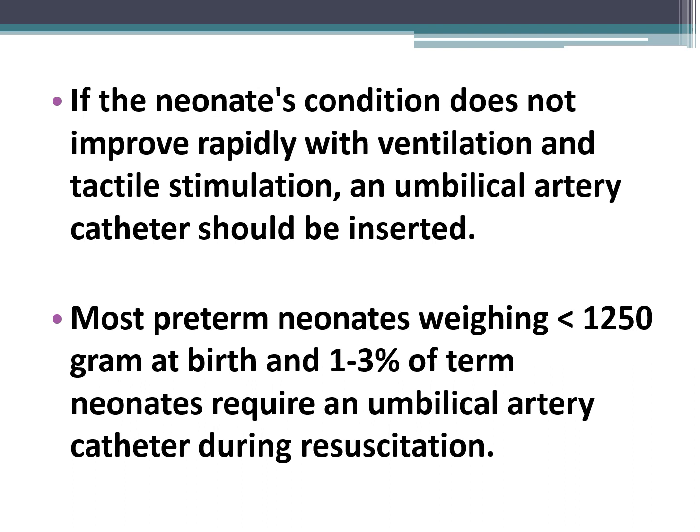If the neonate's condition does not improve rapidly with ventilation and tactile stimulation, an umbilical catheter should be inserted. Most preterm neonates weighing less than 1,250 grams at birth, and 1 to 3% of the term neonates, require umbilical catheterization during the resuscitation.